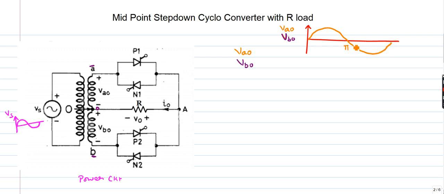What about VBO? It is a 180-degree phase shift with respect to Vs. So this is my Vs, and VAO and VBO. Alright, now first I'll write the positive half cycle of Vs. So VAO is having a positive half cycle.